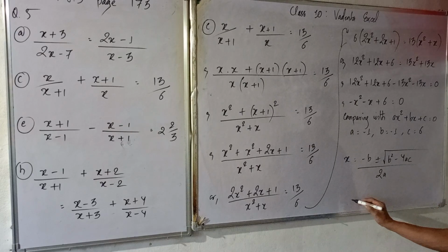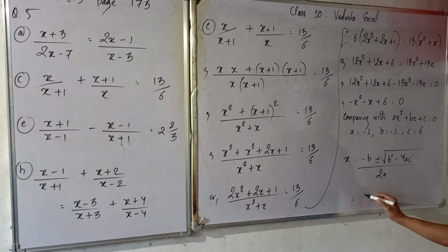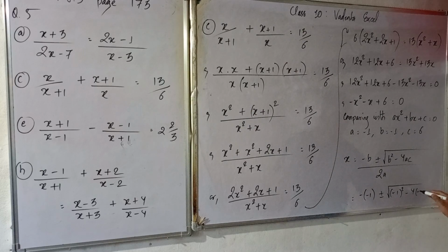Now just replace the values. Minus b, minus of minus 1, plus minus under root b, minus 1 whole square, minus 4 times a, c we have 6, divided by 2 times a, we have minus 1.